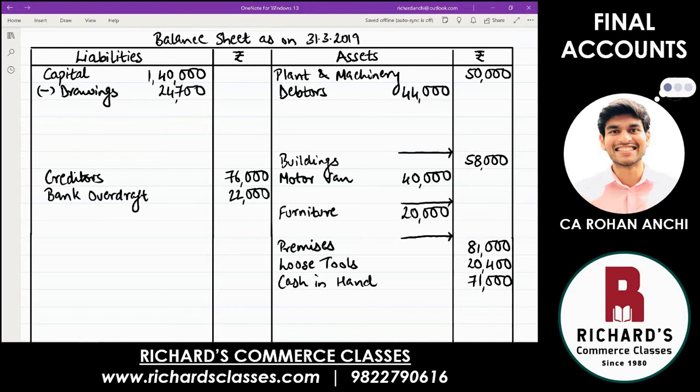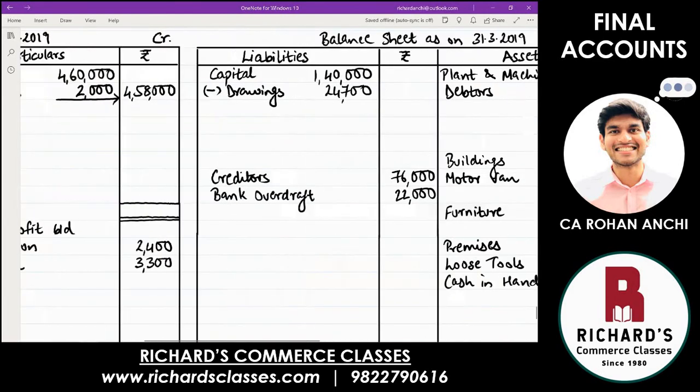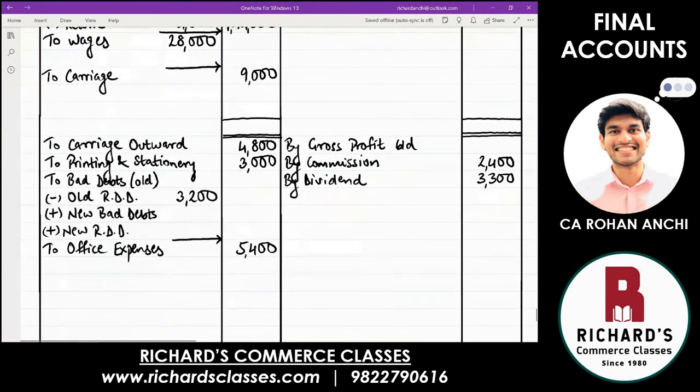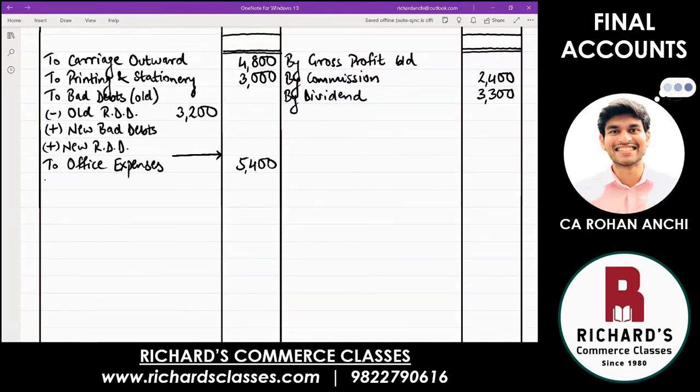Then the next item, salaries, that is an expense, profit and loss account debit side. Below office expenses, write down to salaries. And we have a tick mark on salaries, there is an adjustment. So inner column, to salaries, 44,000. Leave one line. Then continue. Bills receivable and bills payable.